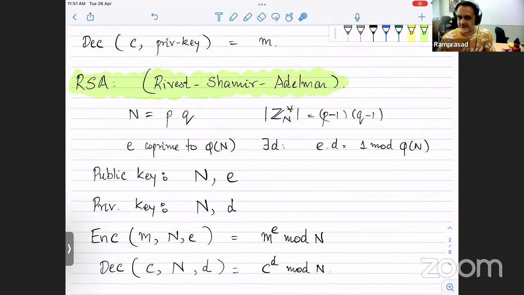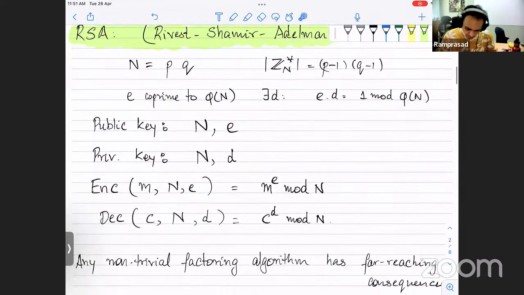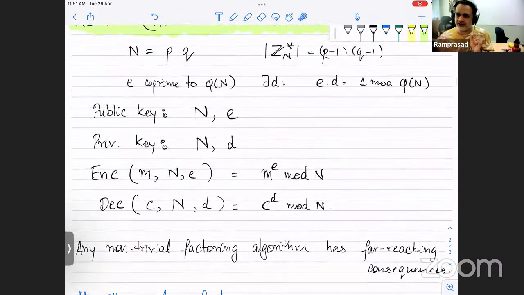And this is also why anytime someone comes up with a non-trivial factoring algorithm, and in fact this need not even be a provably better algorithm, even if someone comes up with a heuristic, some bizarre algorithm that just appears to do factoring reasonably well, all such algorithms have far-reaching consequences because it threatens your conjecture from above.